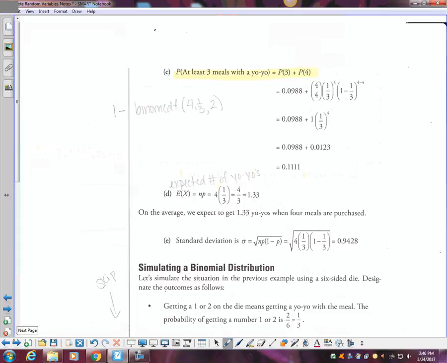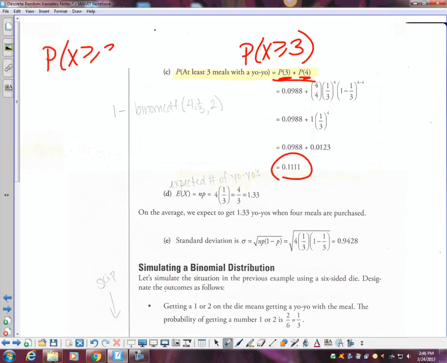Okay, so I want at least 3 meals. If I'm by hand, if this is a free response, I have to show at least 3. So that means 3 or 4. So I have to show both and add them together. If I'm multiple choice, the probability that X is greater than or equal to 3, I have to turn this into a less than.